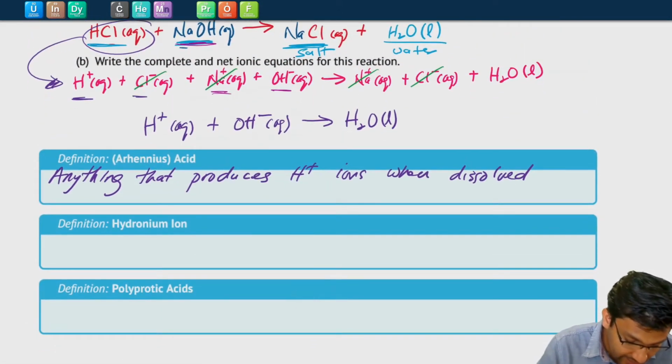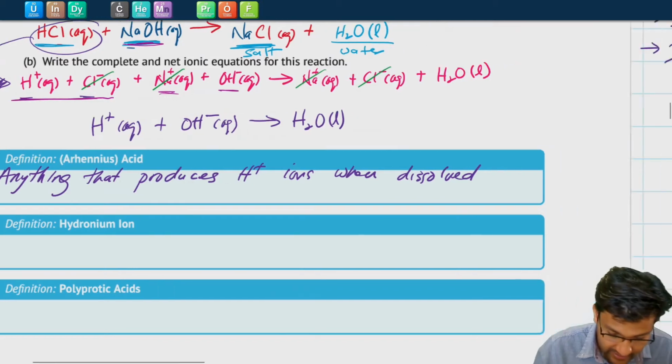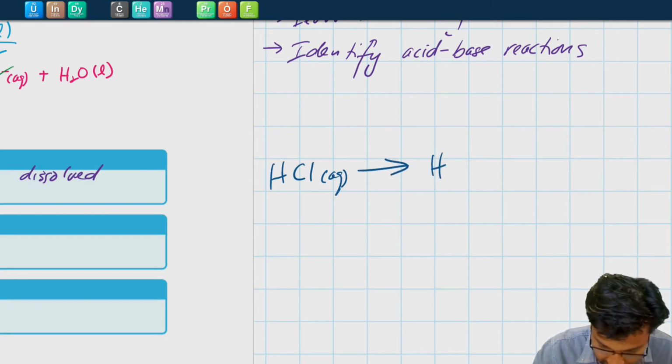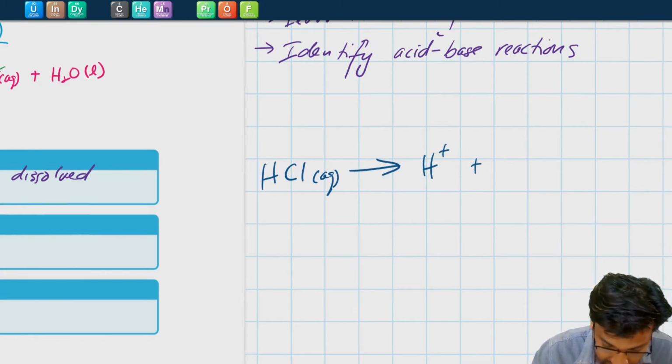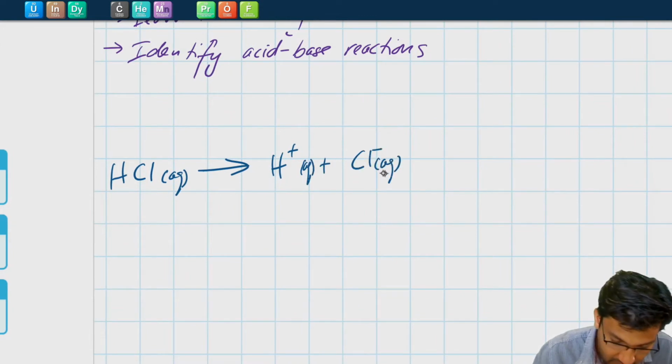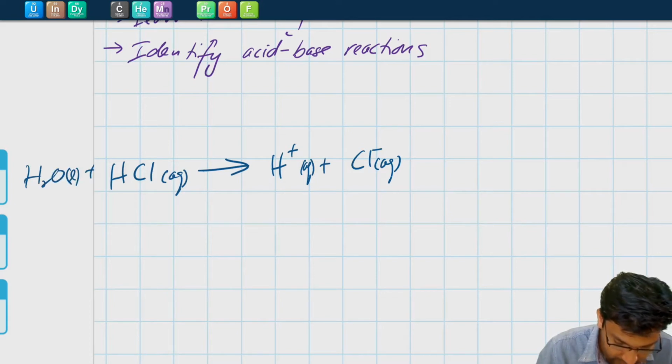But really, I write H plus plus Cl minus here. What happens when HCl aqueous dissolves? It forms H plus ions, and then whatever other anions are left over. But in all of these cases, this is being dissolved in water, right? So there's always going to be water present.